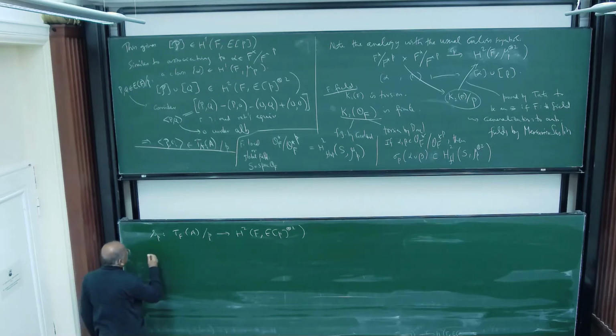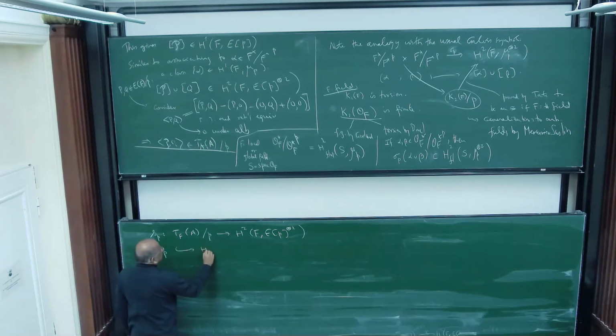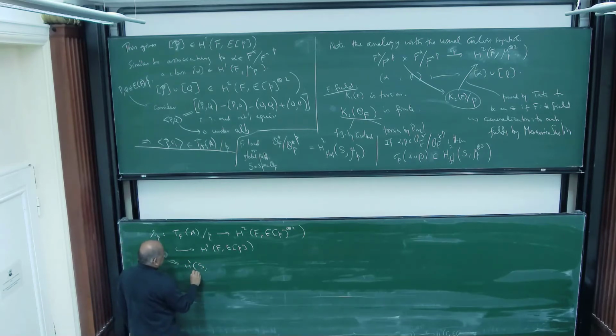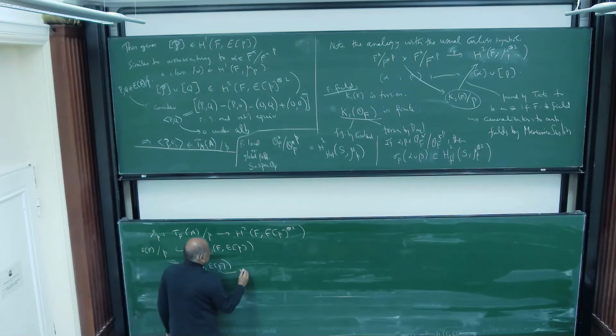And then one can prove in this case that E of F mod p, while it's sitting inside H1 of F, E[p], is isomorphic to H1 of S in the flat topology with E[p], where this is a finite flat group scheme here with generic fiber.